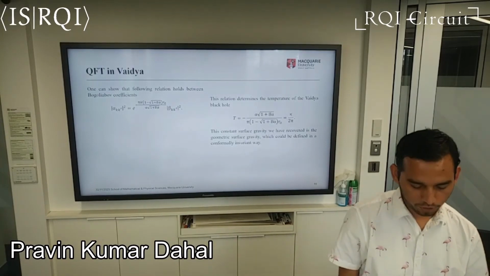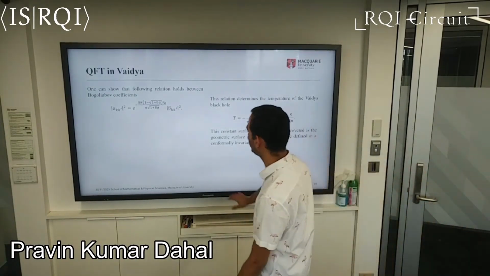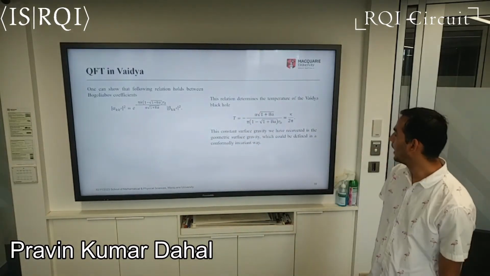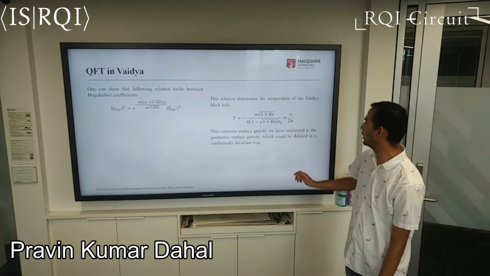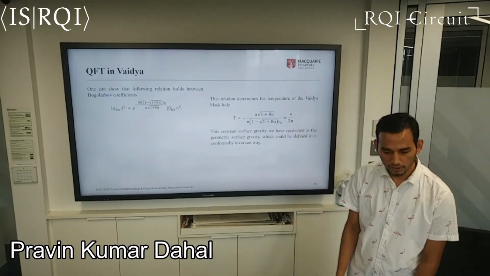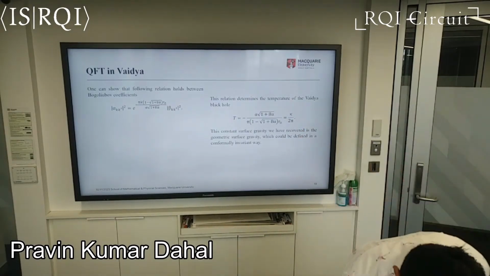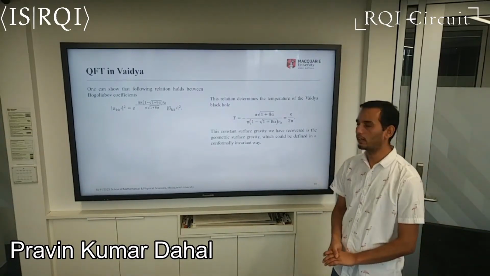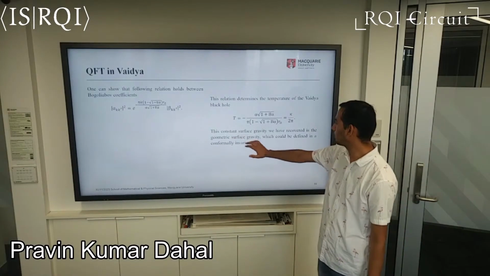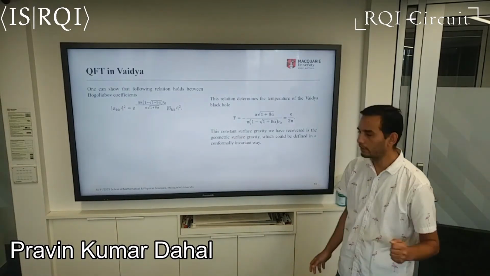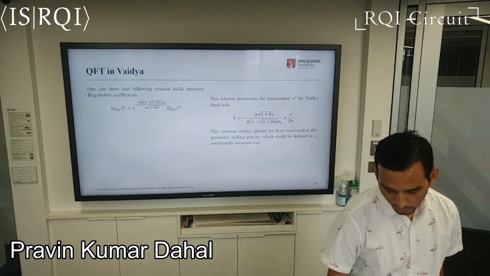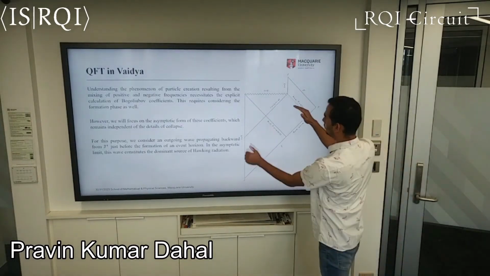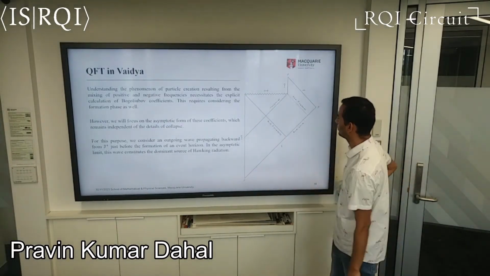Based on the relations between the two Bogoliubov coefficients in this way, we can extract the Hawking temperature for the Vaidya geometry, and we can see that temperature is constant, which is a very surprising thing. But it's not a surprise that various people have proposed that the temperature in the Vaidya background should be constant, and they have related that to the geometric surface gravity and calculated it explicitly, and they found exactly this quantity. Just to say in the context of the figure what is happening, this is a section of the static diagram, and this whole section is the Vaidya diagram.